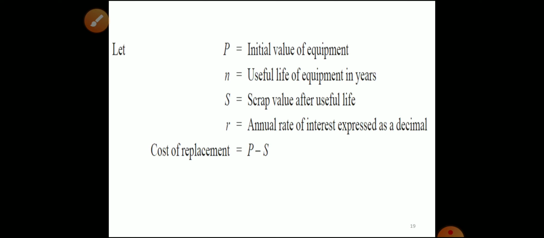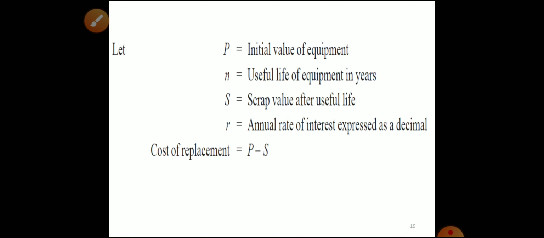This method can be understood by again considering all the terms as usual. P is the initial value of the equipment, N is the useful life of the equipment in years, S is the scrap value after useful life, R is the annual rate of interest expressed as a decimal.